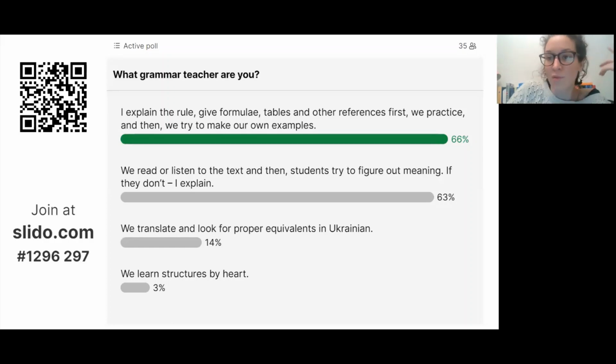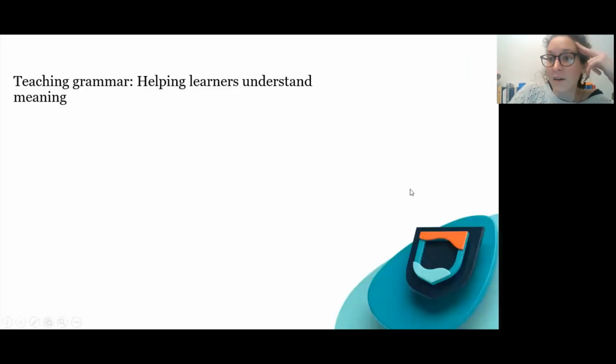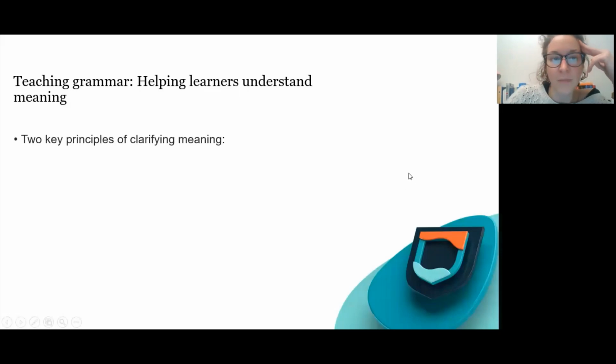And students of the 7th grade, which we're talking about here, already have this metalinguistic knowledge. They already can track the patterns, discover the patterns, and make their own rules. So, first of all, when teaching grammar, we help learners understand the meaning from the context.